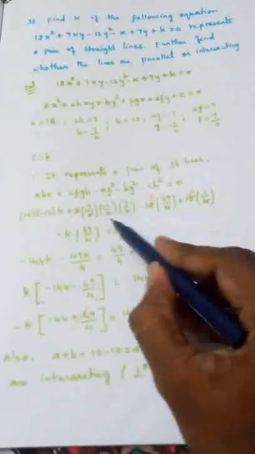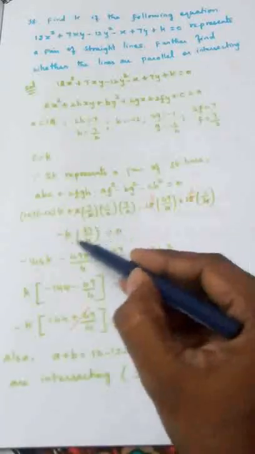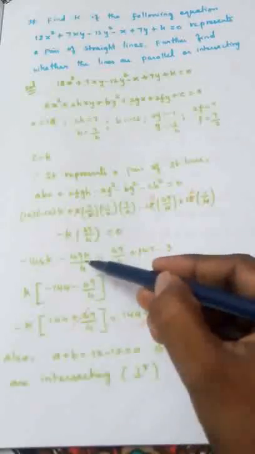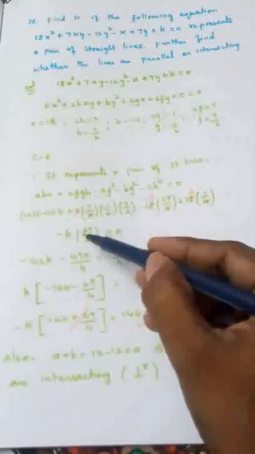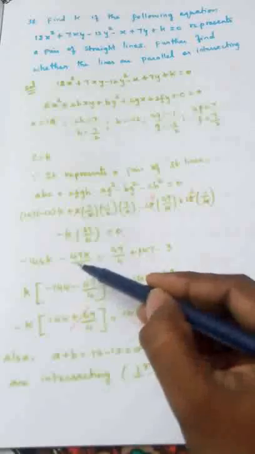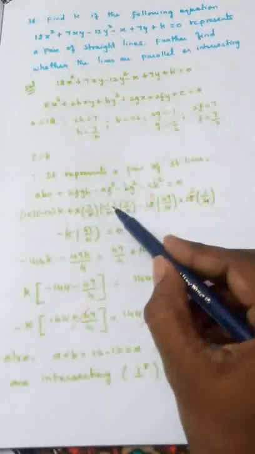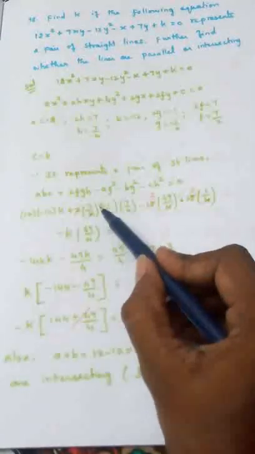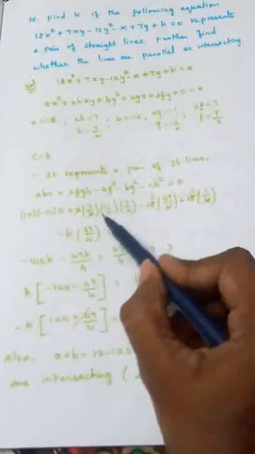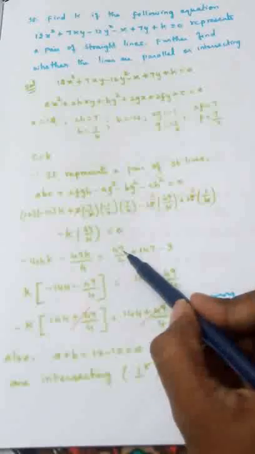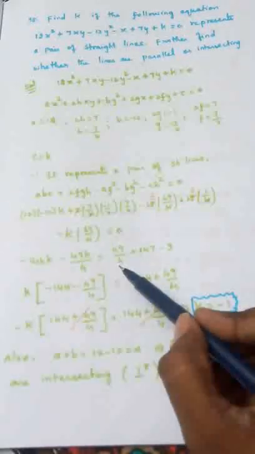And again, I am just writing this term, minus 49k by 4. So this term and this term are written on the same side. The 3 terms are taken to the other side. So if you see here, minus 49 by 4 comes here. It is taken to the other side and written as 49 by 4.